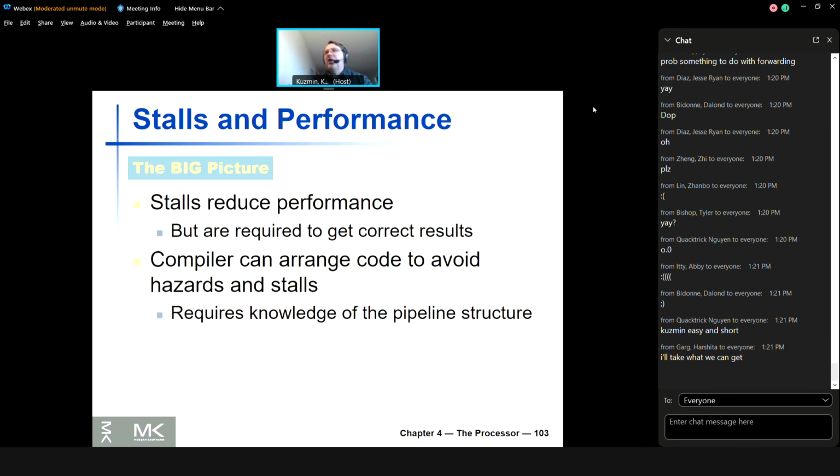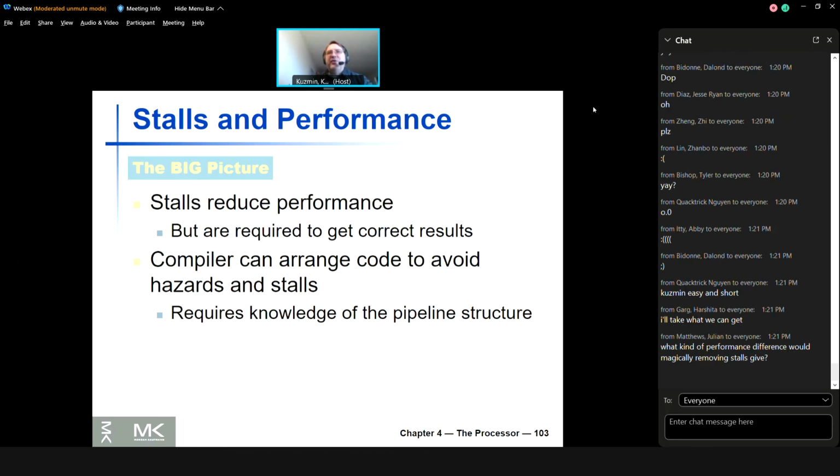Because if we rush, but our program is semantically incorrect, then of course it's no good. The result is worthless. So the compiler can arrange the code to avoid hazards and stalls. We have already seen how this is done. Of course, this requires knowledge of the pipeline structure. So we are going to look at different ways the compiler can help us avoid hazards and stalls.